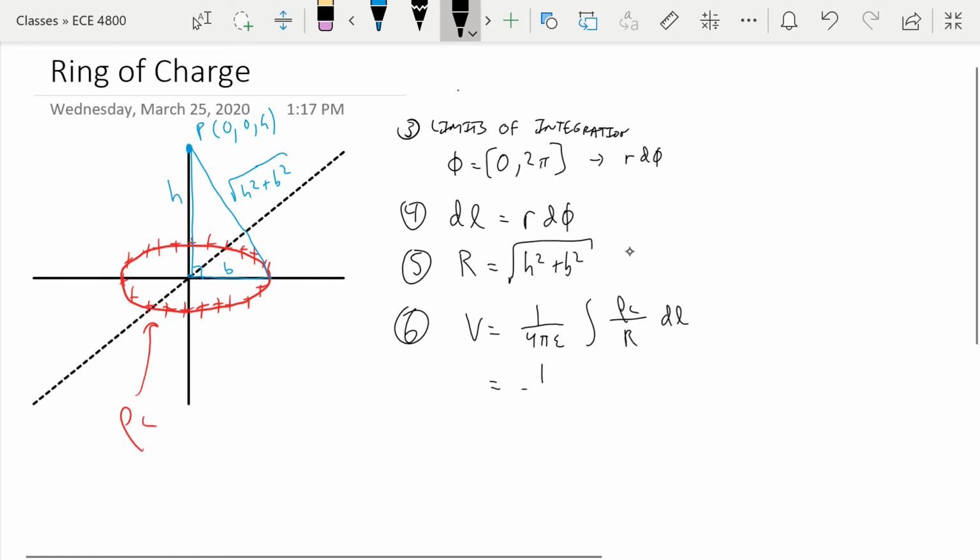All right, so we can start plugging some stuff in. 4 pi epsilon. Our integral is going to go from 0 to 2 pi, because we figured that out. Our r is h squared plus b squared.